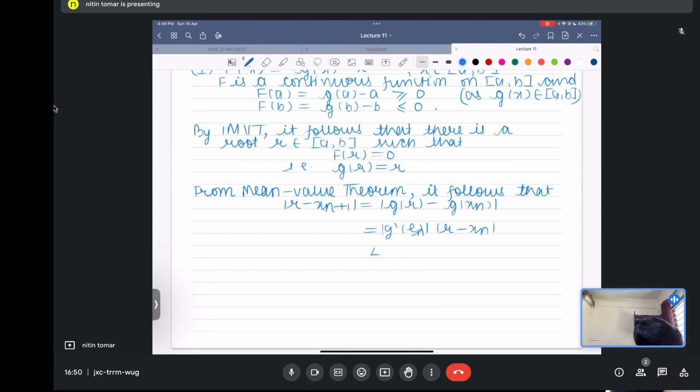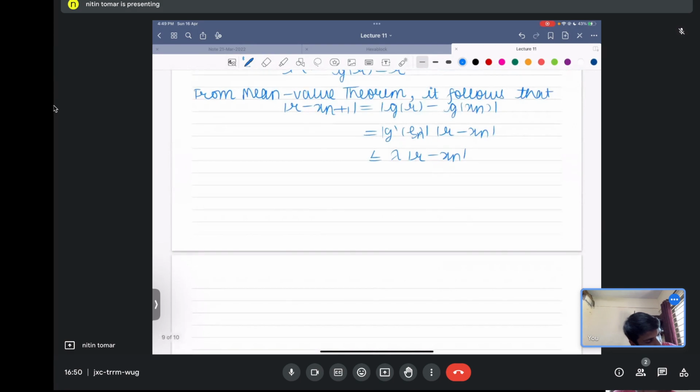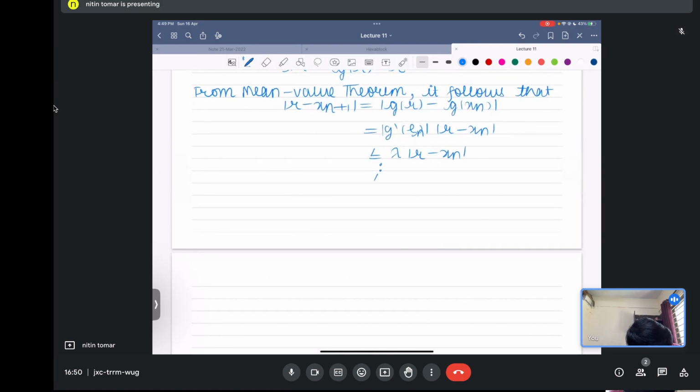But g is a contraction, so you will have lambda times R minus x_n, right? And you keep on doing this, so you will get less than lambda^n times R minus x naught, and this happens for all n in natural numbers.